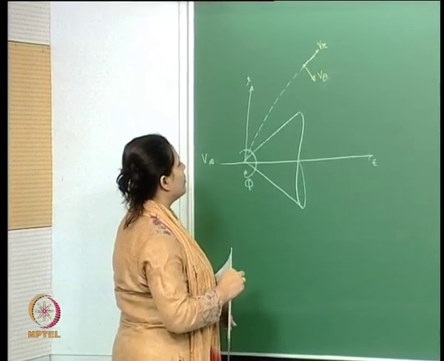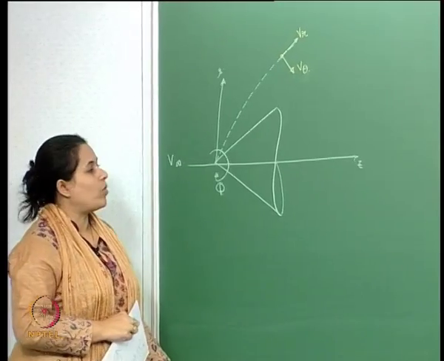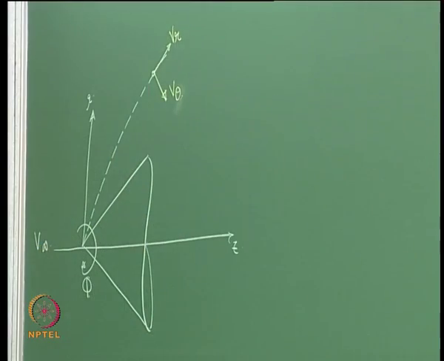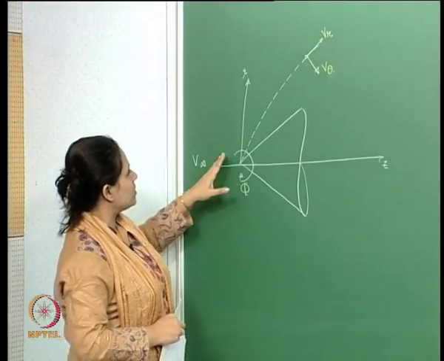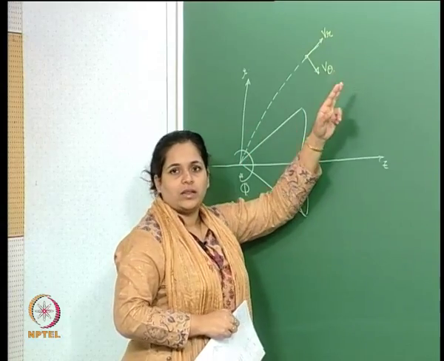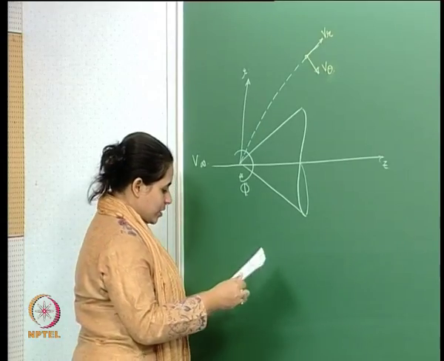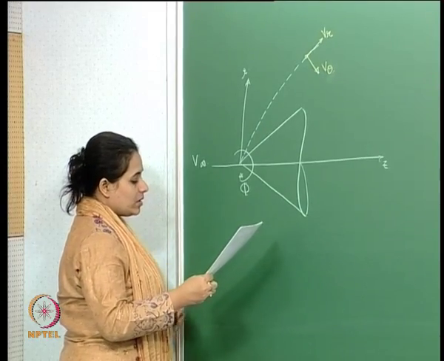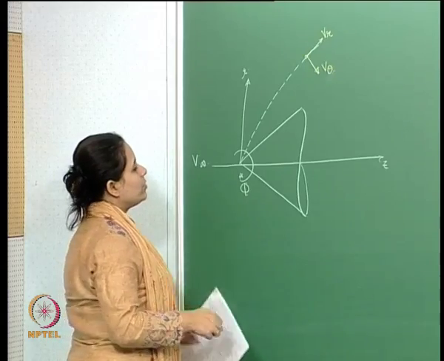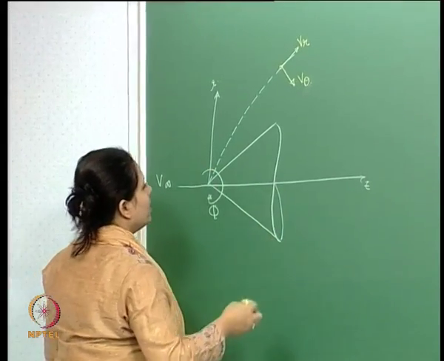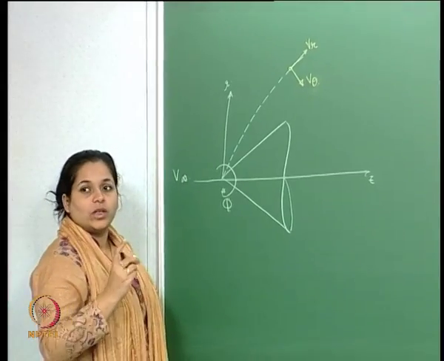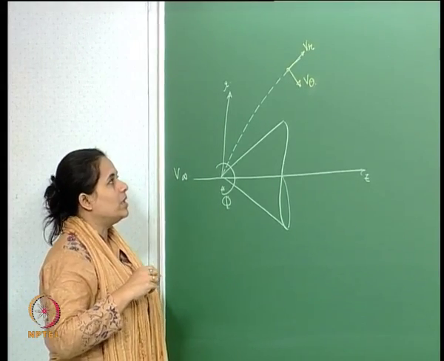This is the velocity component I am looking at when I am looking at the axisymmetric case. There is no property variation in the phi direction. The properties remain constant along a radial line, however they change as we change our theta. So, in this particular case r and z are independent, and we have only one dependent variable, which is our theta.